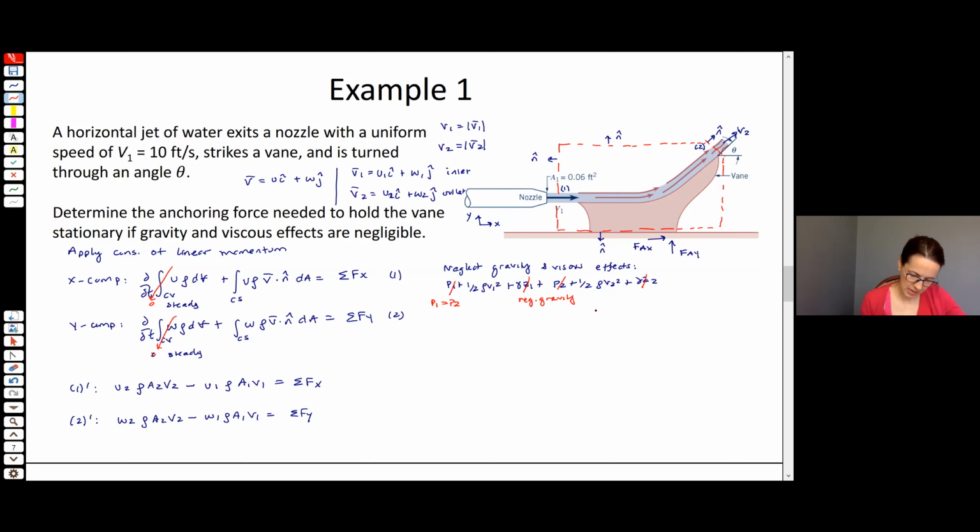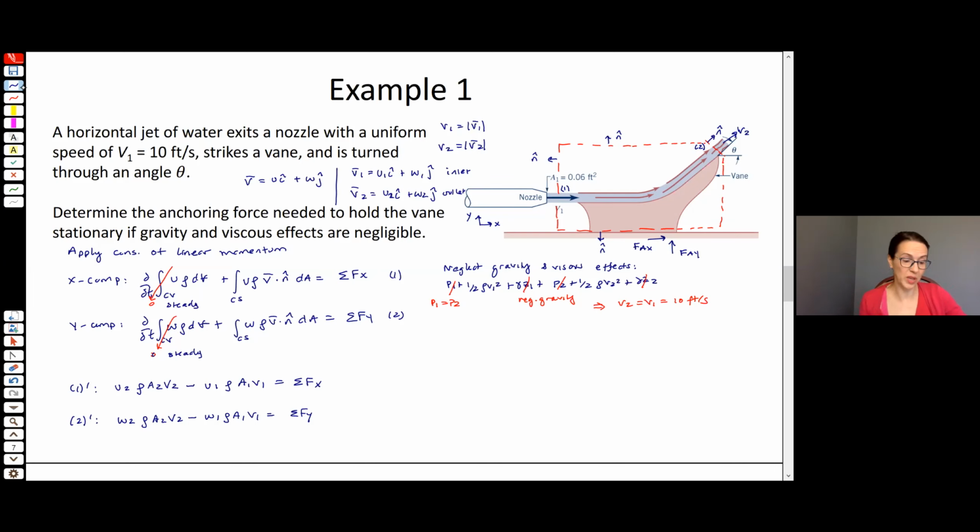So we can see that V2 equals V1 equals 10 feet per second. Whoops, I wrote meters. All right, so that's where that assumption that V1 equals V2 comes from.